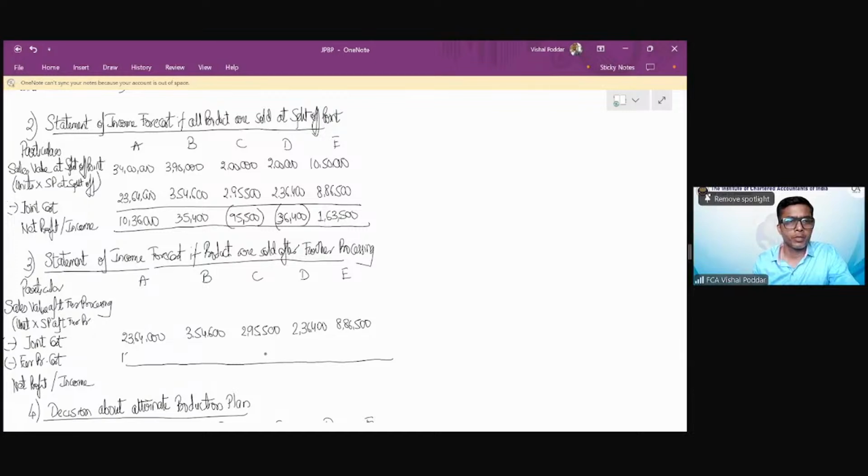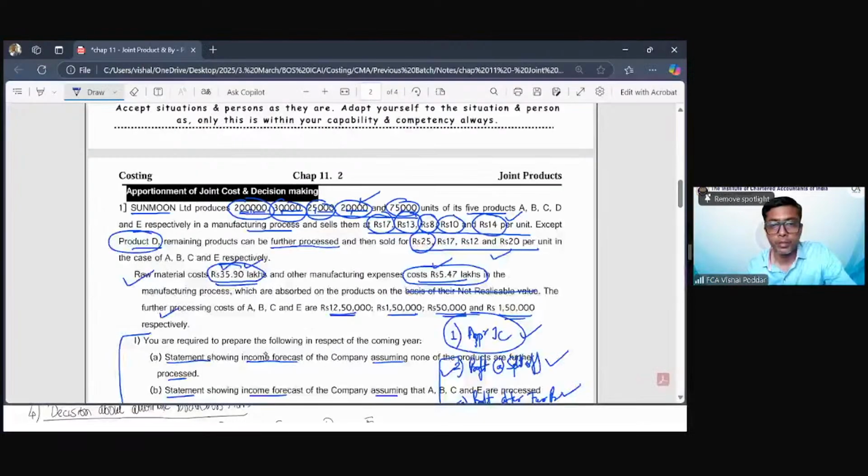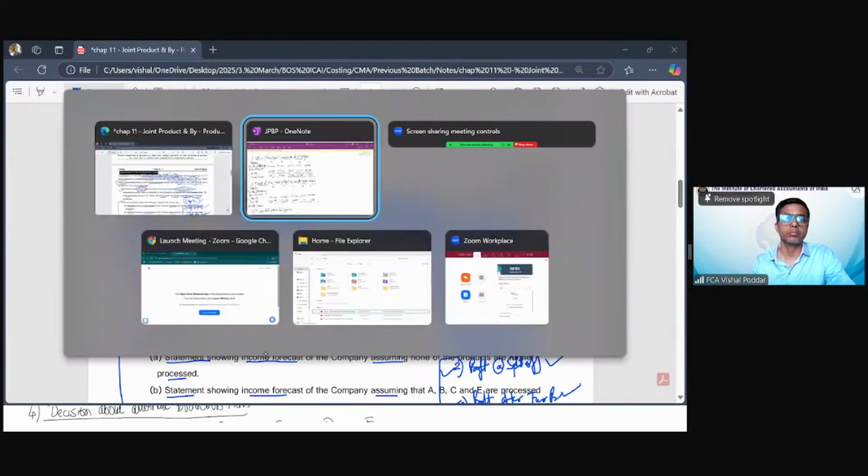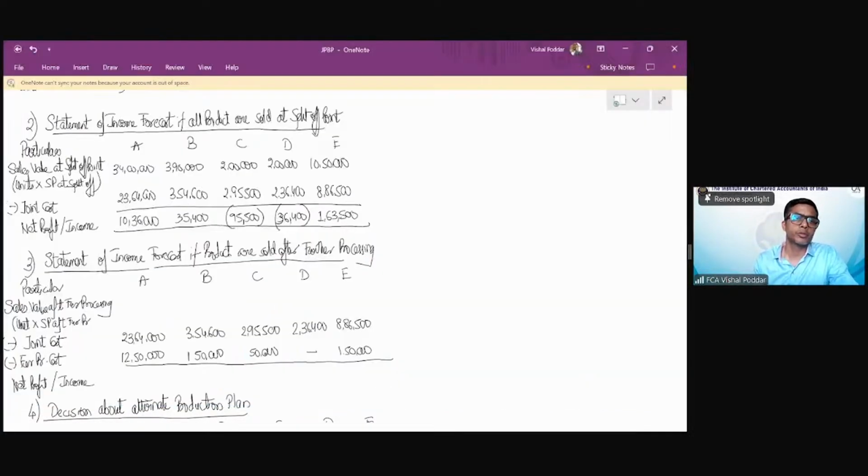So it is 1250. I think 150, 50, again 150. Let us cross check. 1250, 150, 50, 150. Correct. So D is not further processed, so there is no further processing cost given for D.